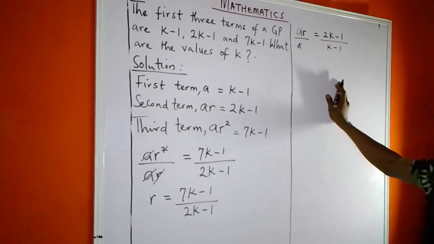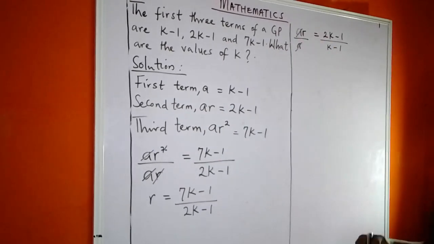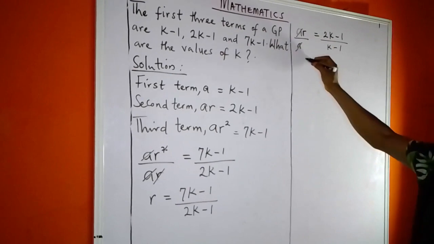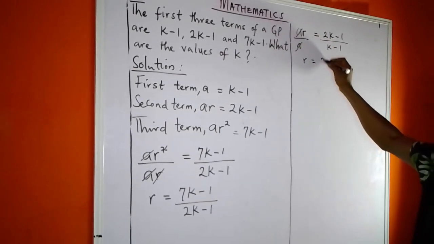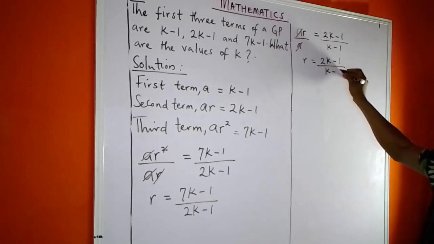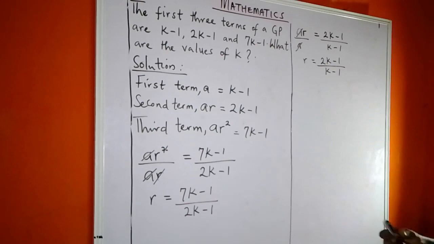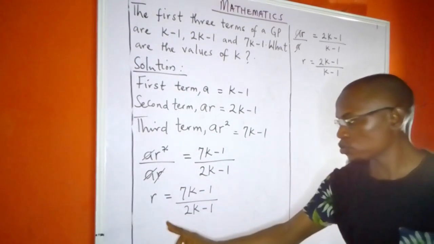So what do we do here now? So A, we divide A. So here the common ratio between the second term and the first term is 2k minus 1 over k minus 1. So as you can see, the common ratio for this is what we have here.